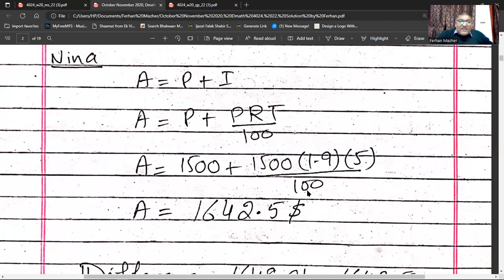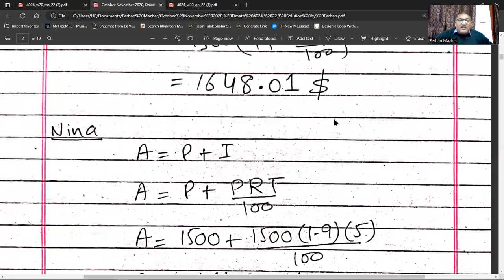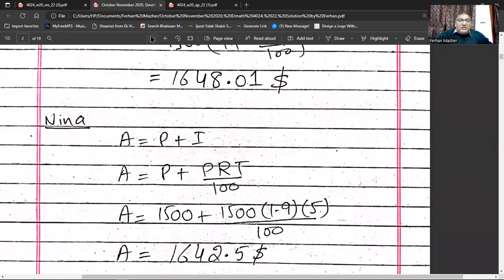When you enter these values in your calculator, you will get $1,642.50. Samuel earned $1,648.01. Nina has made a total of $1,642.50, the total amount of money in her account.